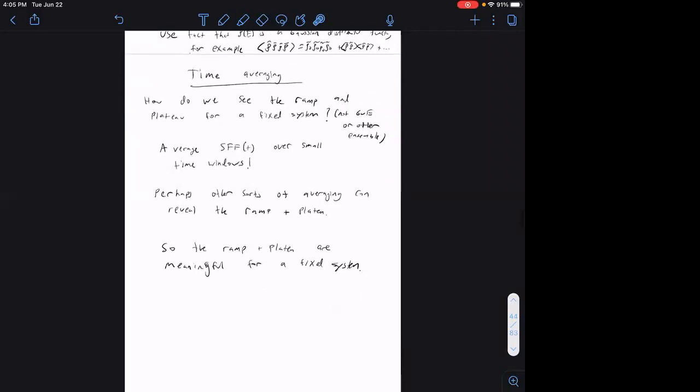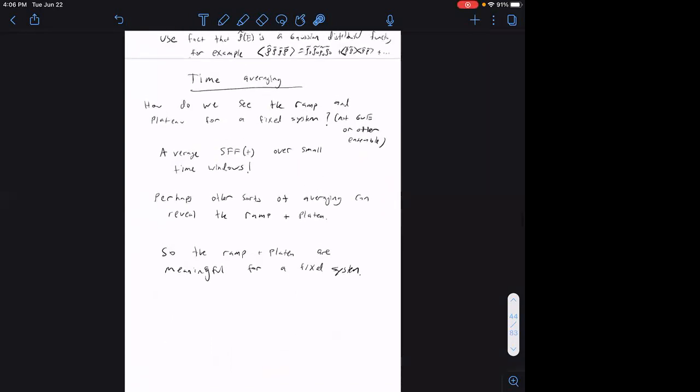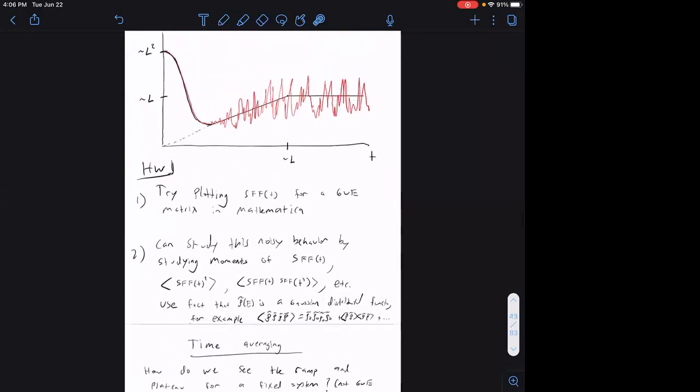I just want to emphasize that we can indeed make them meaningful by not averaging over an ensemble of Hamiltonians, but taking a fixed Hamiltonian and averaging the spectral form factor, for example, over time windows or in some other way. So if we take this noisy signal and average over a little time window here, and here, and here, and here, we expect, and we can show in some cases, that the noise should average out, leaving behind this ramp.